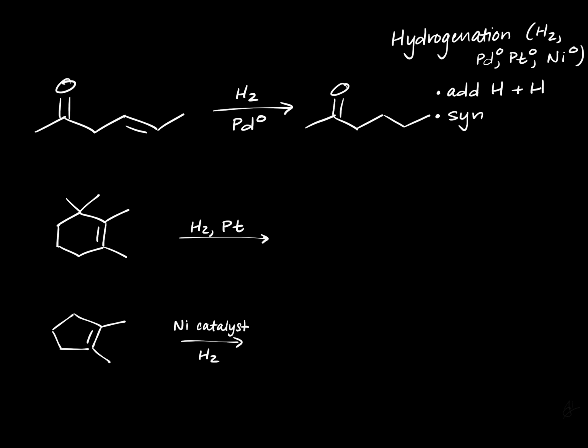All right, so in this case, I have H2 and Pd. I have a double bond. And again, I'm going to add my 2 hydrogens. I have to add them in a syn fashion, though. So I will do that. Let's say I want to add both of them on dashes. So I add those 2 hydrogens on dashes.